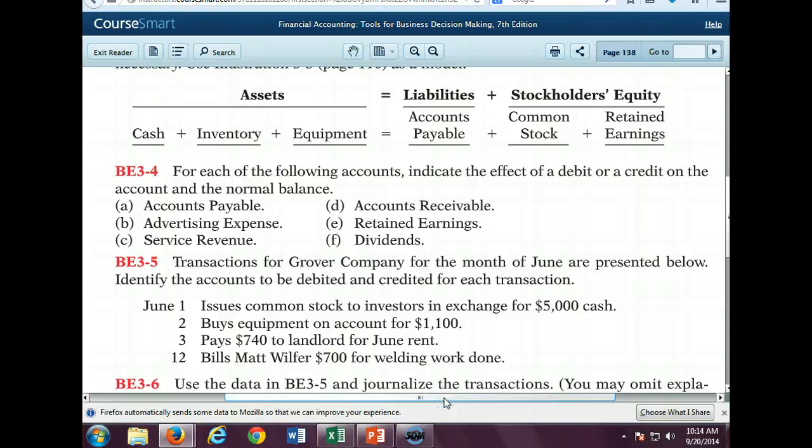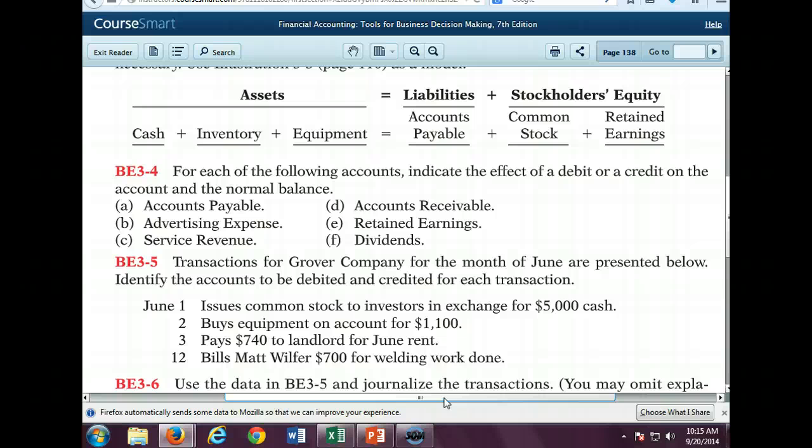For each of the following accounts, indicate the effect of a debit or a credit on the account and the normal balance. So when we debit accounts payable, what kind of account is it? Accounts payable.